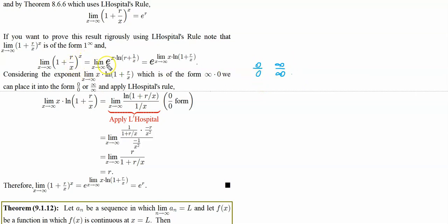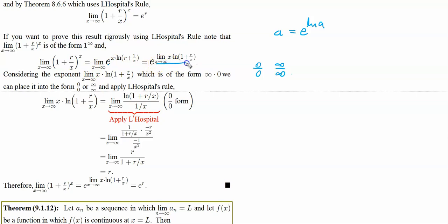To do that, remember what we did is we raised this to the e power. Recall that a is equal to e to the ln of a. So we wrote this as e to the natural log of this, and so you end up with this right here. Notice how the x can drop down when you take the natural log. And then you can move the limit up into the exponent because this e does not depend on x in any way.